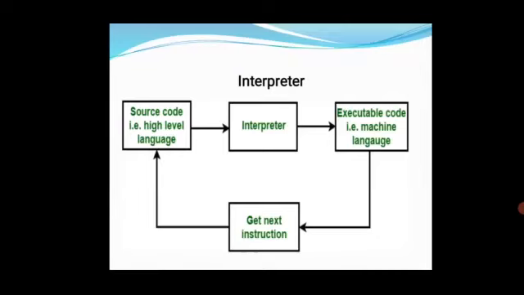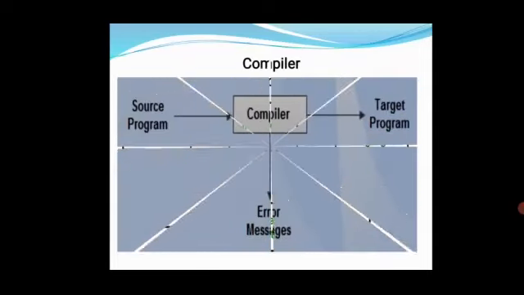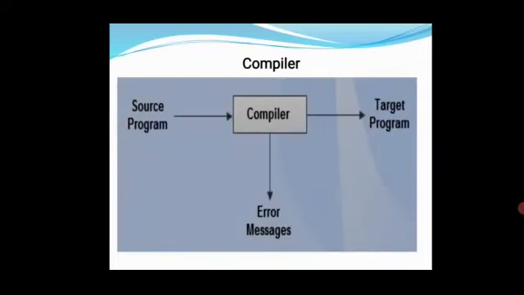Okay. The next one is compiler. So here, what will happen in the compiler? It checks the whole program and converts it into machine level. Here the high level language is converted into machine level with the help of the compiler.